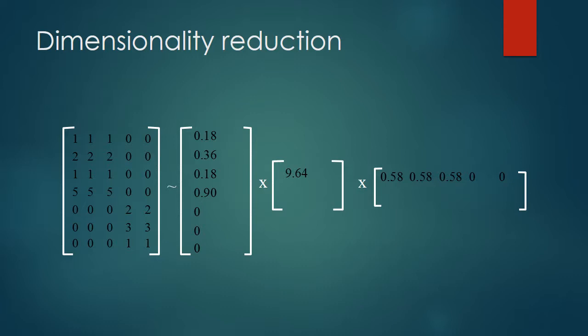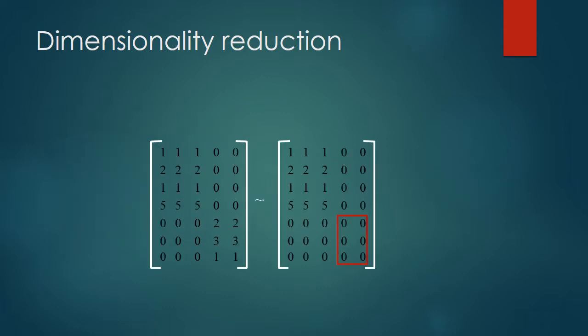In this case, it's only using one eigenvector and one eigenvalue, and what we would get then is an approximation to the original matrix, and you can see here that it's actually zeroed out these values because that's the second mode of variation that you had in your original data.